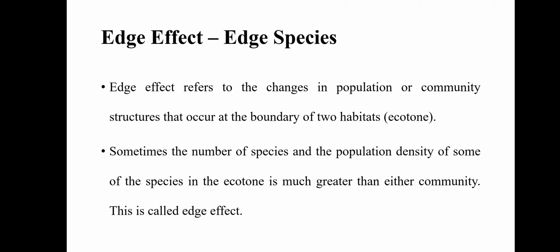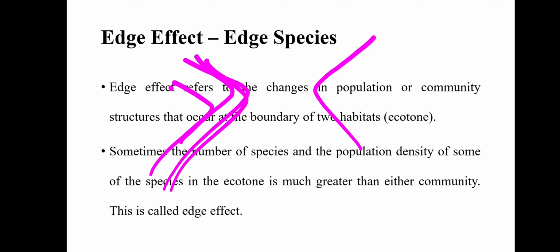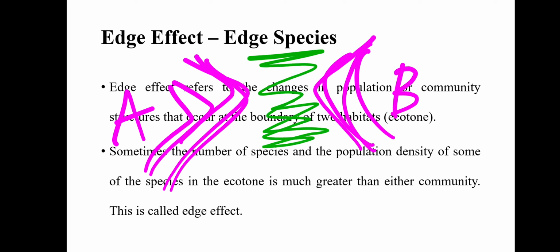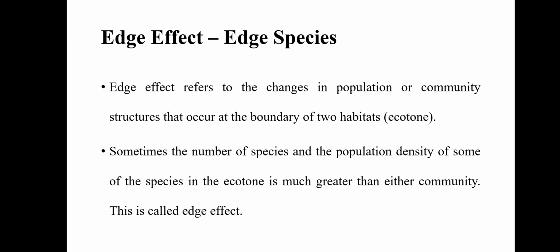I have already told you that suppose this is one ecosystem, this is another ecosystem, ecosystem B. This area is known as the ecotone, and it is always seen that in this area a unique category of species are found. These are biodiversity-rich regions. So this is known as the edge effect. That means the change in the population or community structure at the boundary of two habitats.